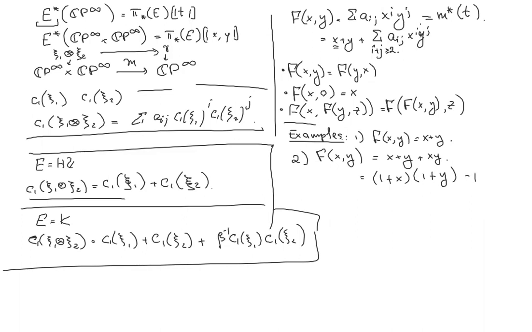And I think that the formula for K-theory can be obtained this way. You just have to prove that 1 minus x times 1 minus y should be equal to 0. Right, 1 minus something x, like that.